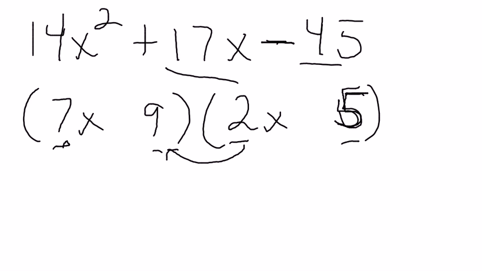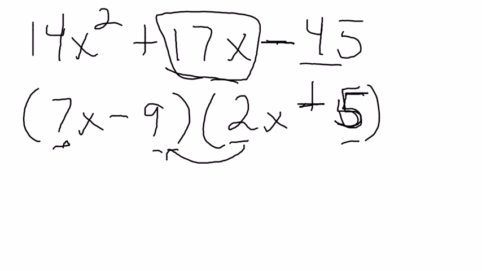That's going to give me 18. Well, 35 minus 18 is 17. So that's exactly what I want. I want a plus 35x because I want the 17 to be positive, and I want a minus 18x to give me the 17 in the middle.